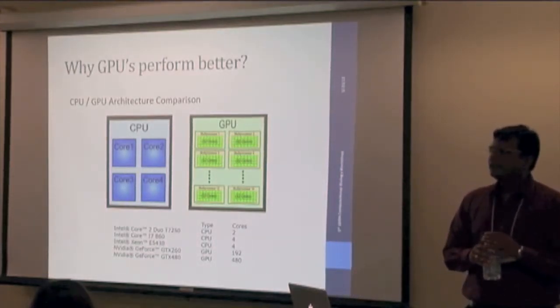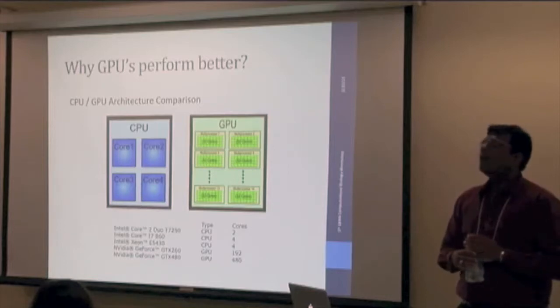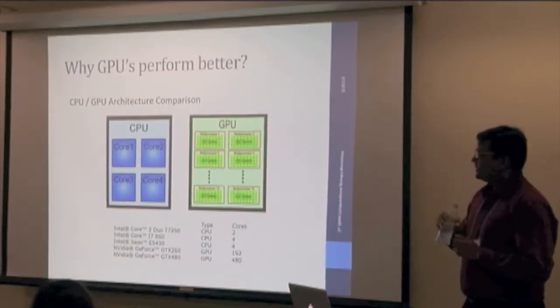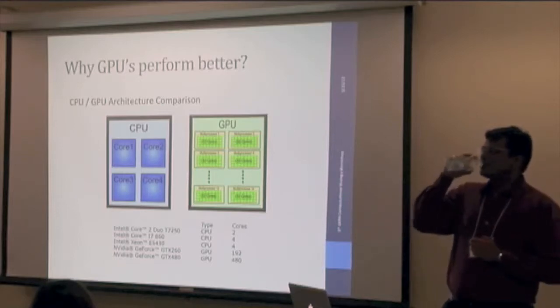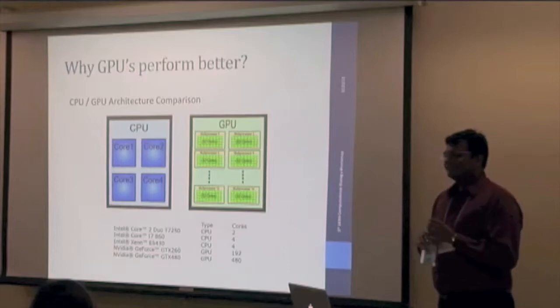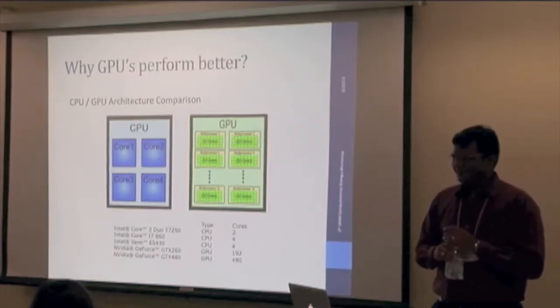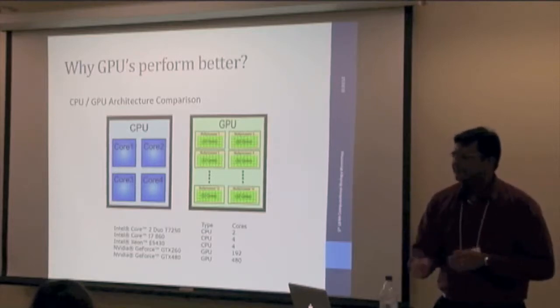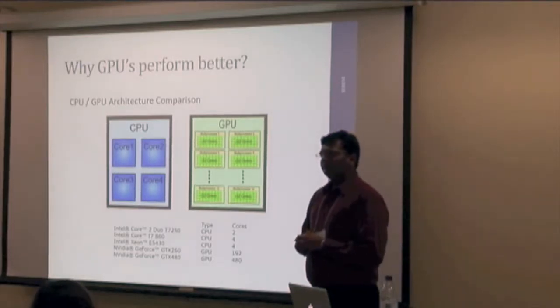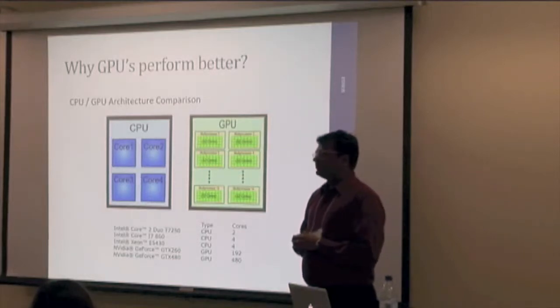I just wanted to add that because there are life scientists who didn't know the difference between a CPU and a GPU, I bet. So the CPU is the core chip that you have on the motherboard to process things, and the GPU is the chip on the graphics card that also does displays. Most of the time, if you wanted to do this, you would probably have to buy a graphics card in addition to what you currently have on the machine.